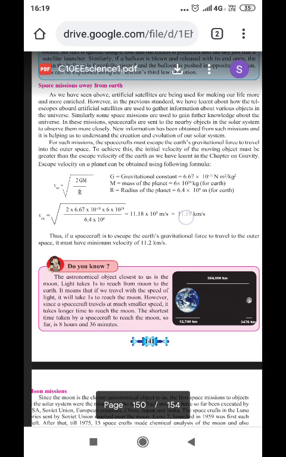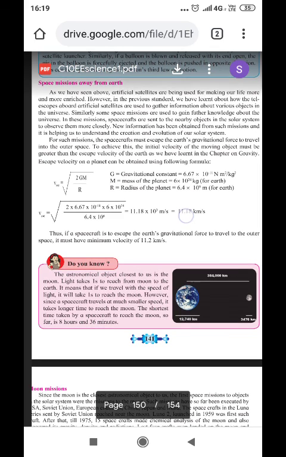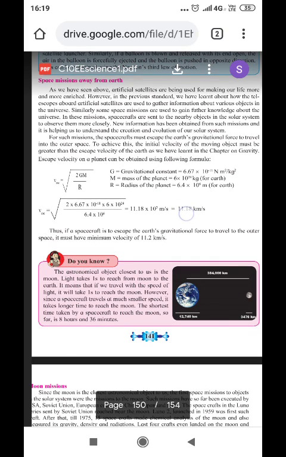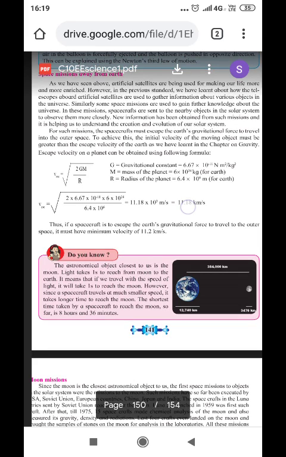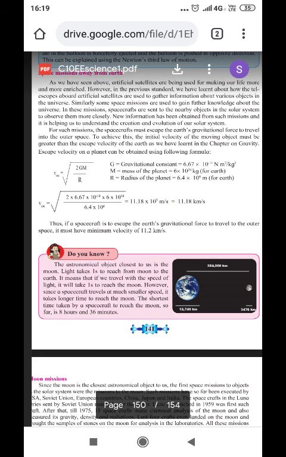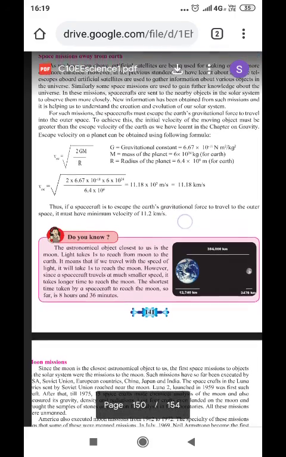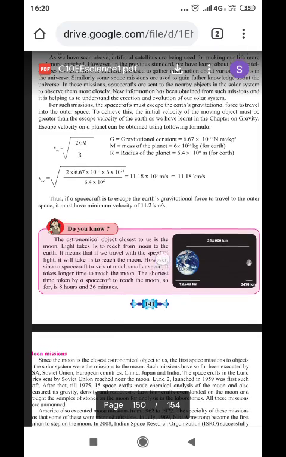Similarly, some space missions are used to gain further knowledge about the universe. In these missions, spacecrafts are sent to the nearby objects in the solar system to observe them more closely. New information has been obtained from such missions and is helping to understand the creation and evolution of our solar system. For such missions, the spacecraft must escape the Earth's gravitational force to travel into outer space.